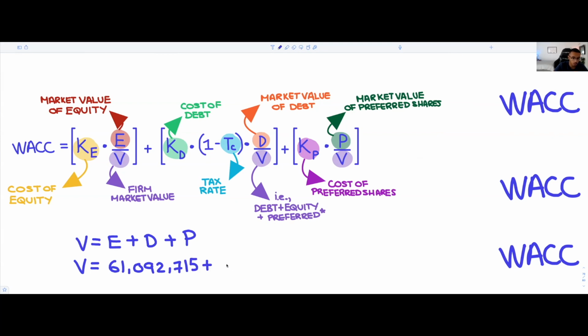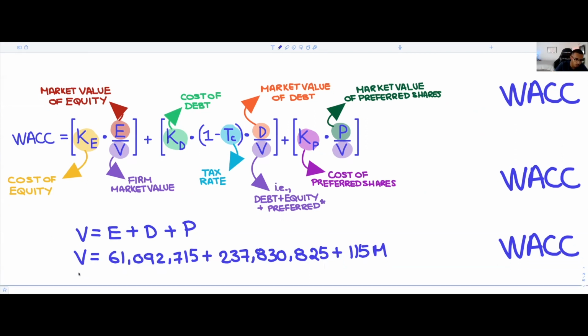Plus our debt of 237,830,825. Plus our preferred shares of 115 million. And we're going to get V is equal to 413,923,540.